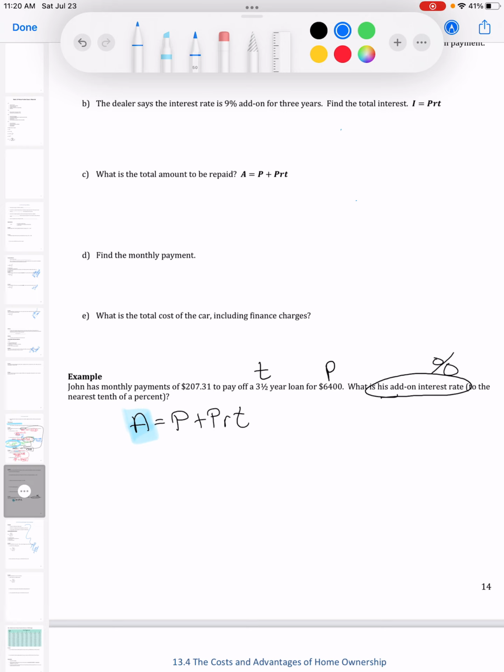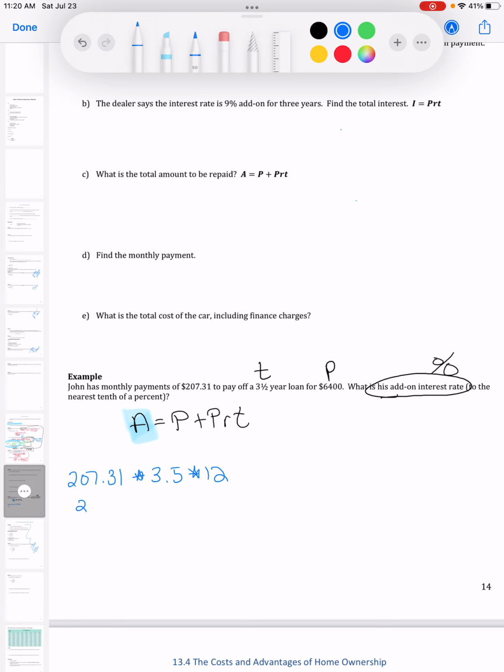So to find A, I'm going to take that $207.31 and multiply that by the number of months that I have. So that's 3.5 years times 12, because like I said, there are 12 months in a year. Or you could just multiply that by 42.